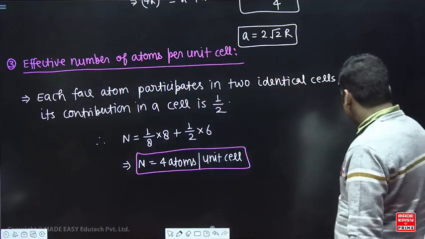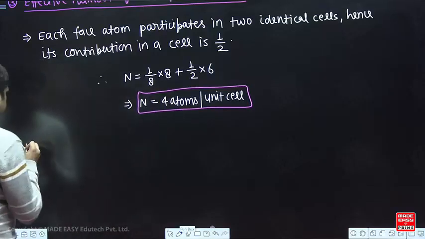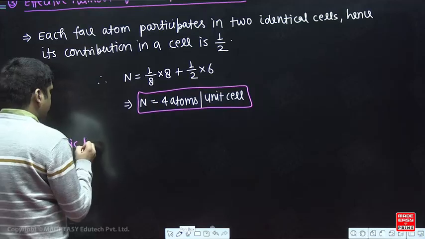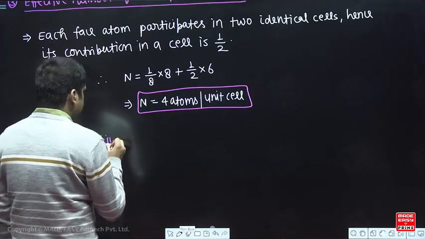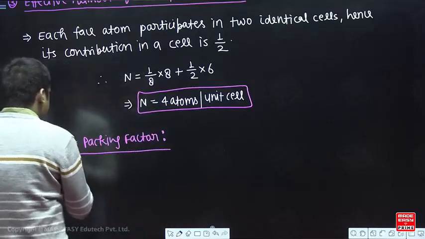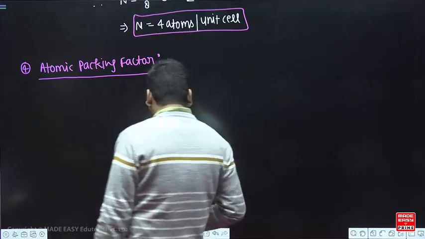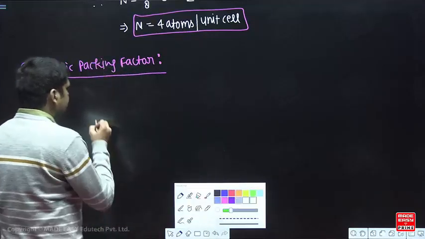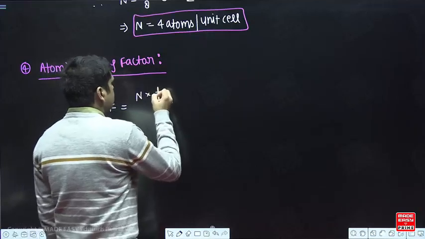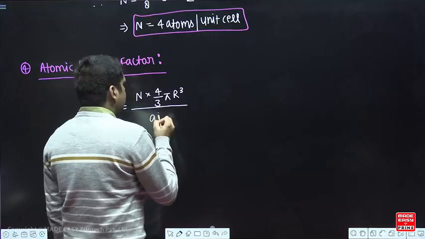Now you see, once you have calculated effective number of atoms per unit cell, you can go for APF, atomic packing factor. Sum of atomic volume, n into 4 by 3 pi r cube, upon volume of the unit cell. So APF is equal to n into 4 by 3 pi r cube divided by a cube.